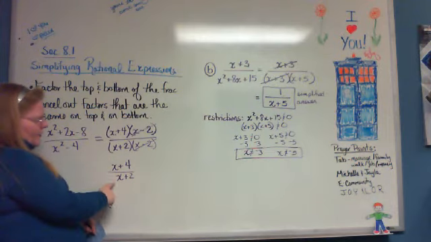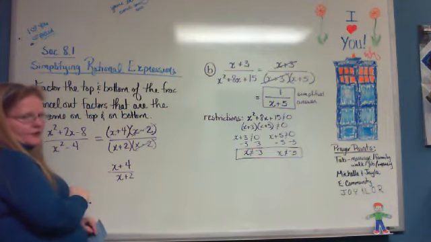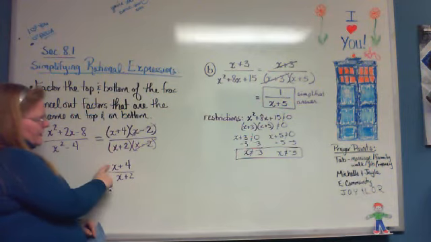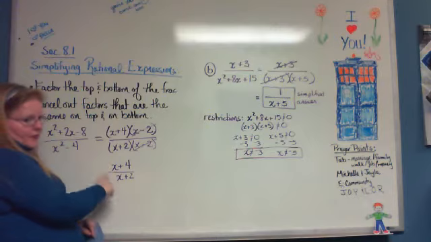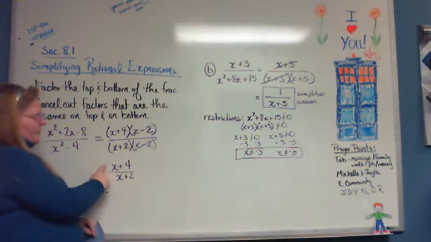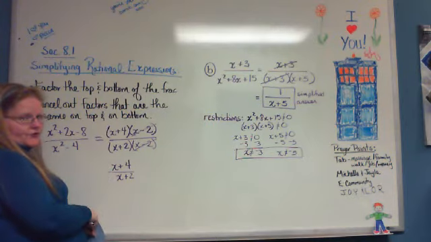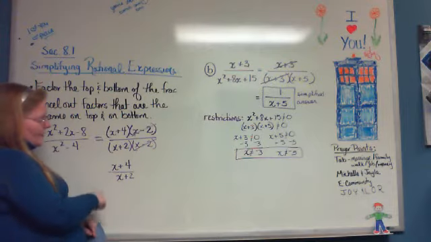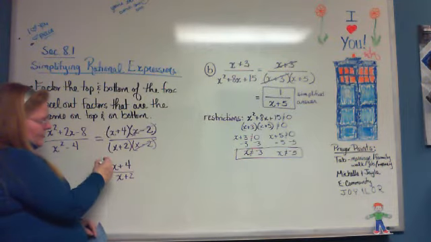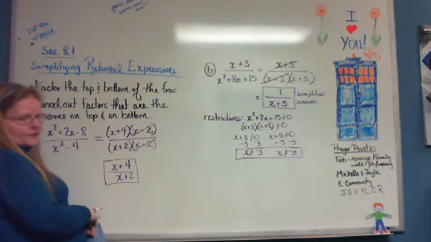You can't separate out these x's and mark them out. You can't even say that this will factor down into an x plus 2 and an x plus 2, and then we can cancel stuff out. Can't do that because that's not how that factors. So, this is the answer. That is your simplified answer.